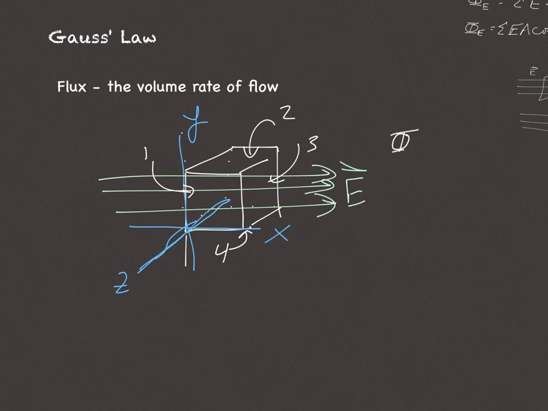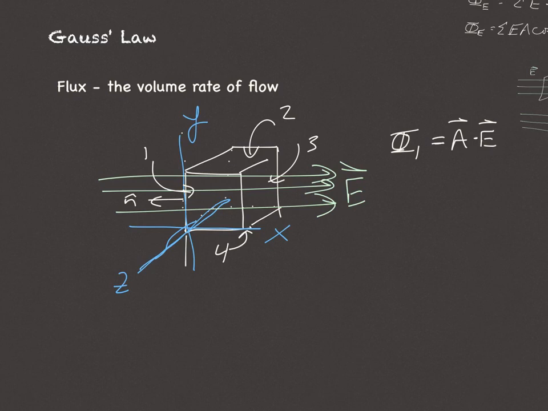So to find the flux through surface 1, it would be E dot A. We would see that the electric field is perpendicular to that normal, but the normal is going to be pointing to the left for that surface.